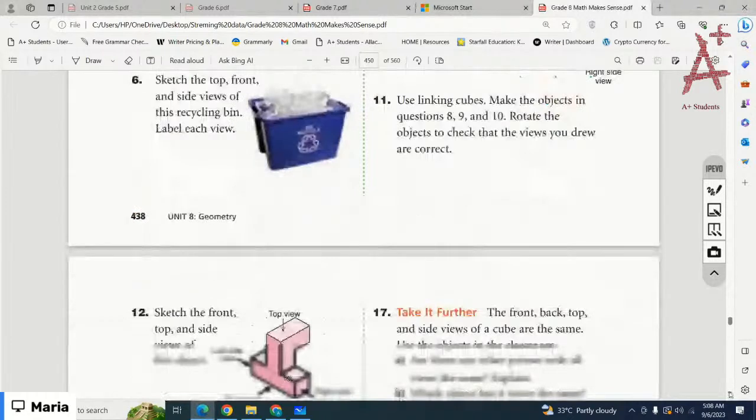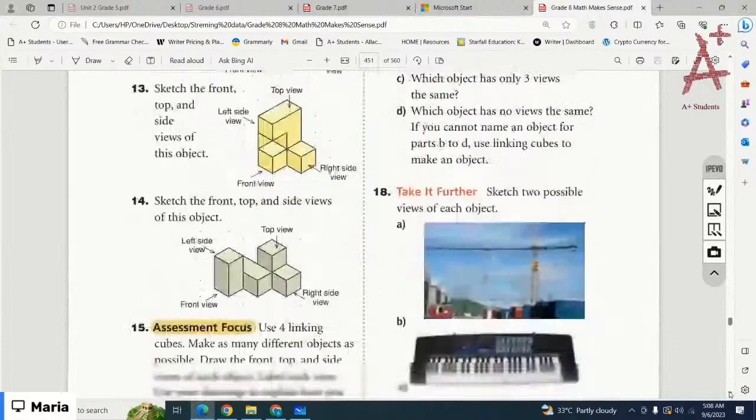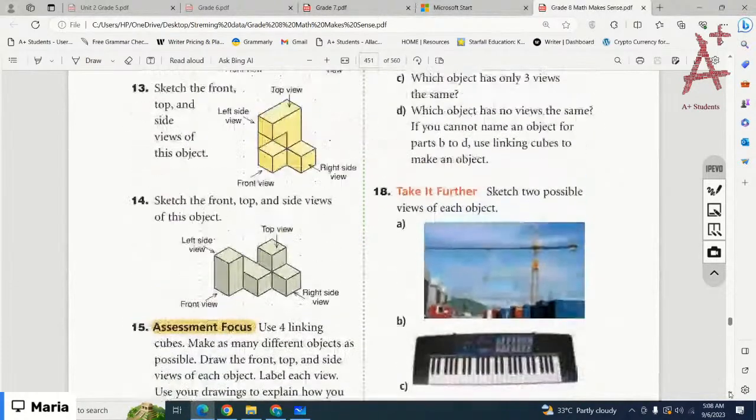So for these questions, you have to draw the views on the paper. The questions are very easy. If you have any questions related to the lesson, please ask. I will explain because I cannot make the views on the whiteboard paper. Making the views is very easy. I will answer all your questions related to the lesson. So please ask questions if you have any.